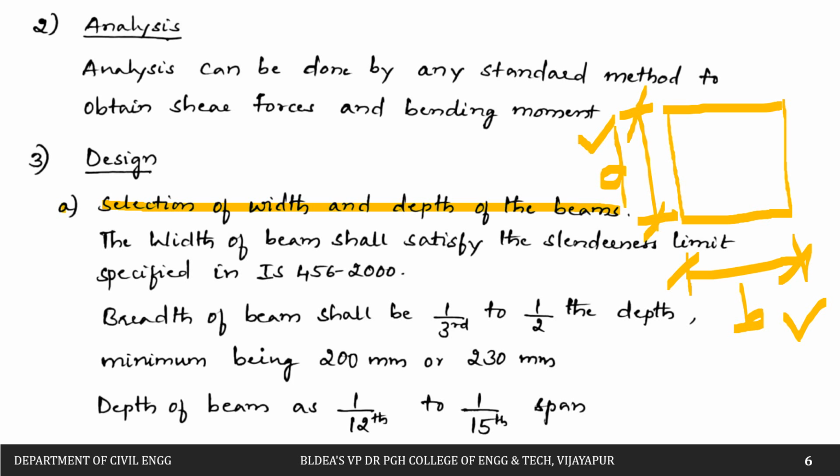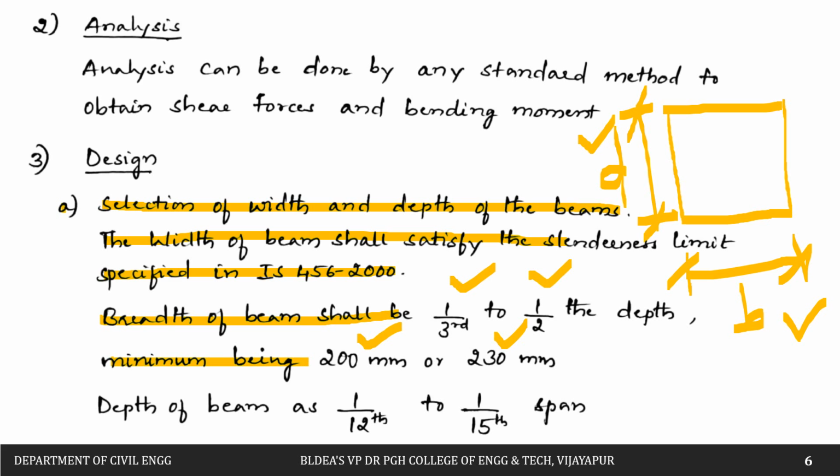So first let us see the width of this beam. The width of the beam shall satisfy the slenderness limit specified in IS 456:2000. Usually the breadth of the beam shall be one third to half the depth, minimum being 200 mm or 230 mm.